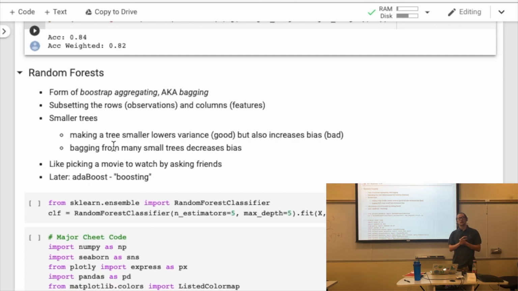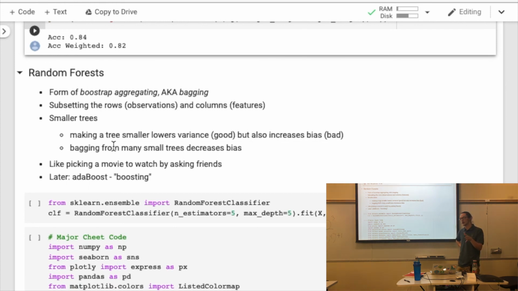Now, why is that helpful? Well, what we'll get to in the next lesson is random forests can tend to really overfit your training data. And so I like to think of an example: if I wanted to go to the movies and wanted to know what movie I should watch, if I asked one person that has watched all the same movies that I have, then they're going to have a very strong opinion, and it's going to be one person's opinion, right?